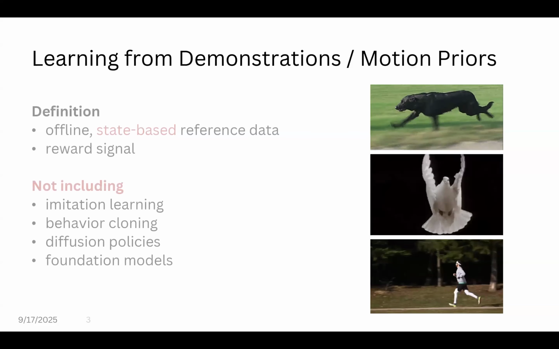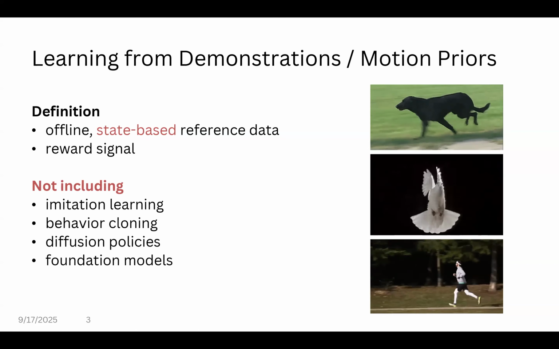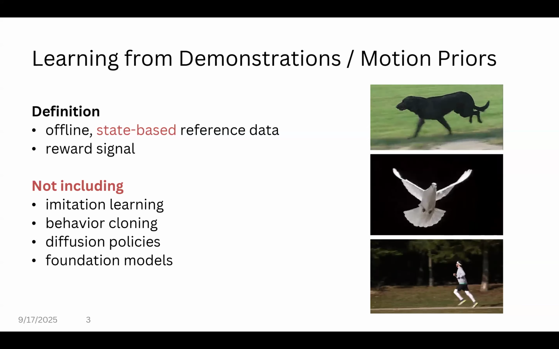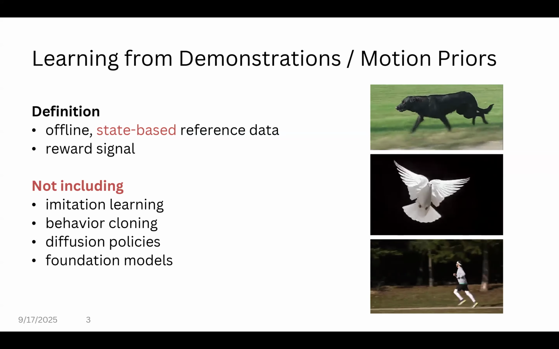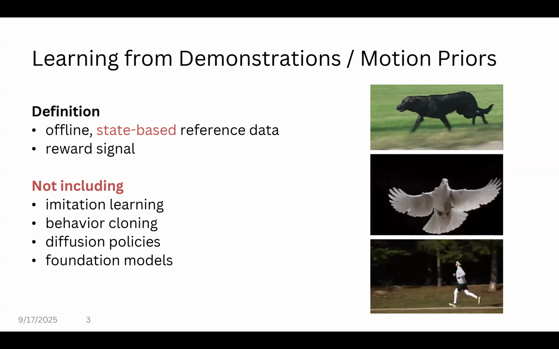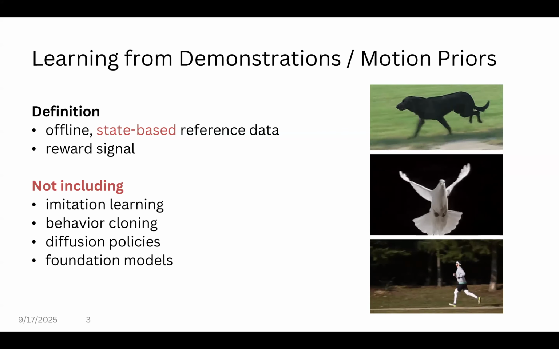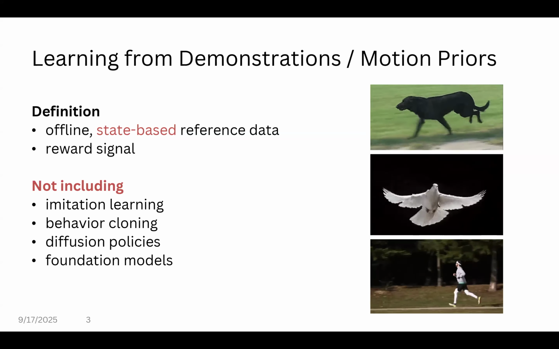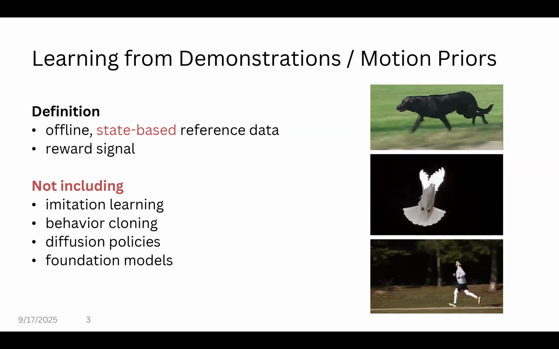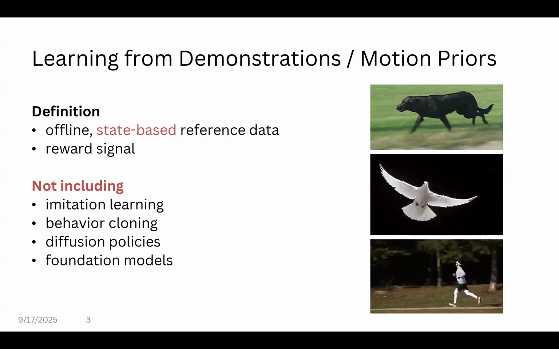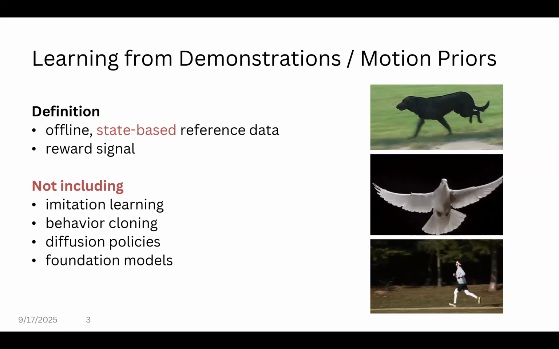So we're not really talking about imitation learning, which people nowadays normally take to mean behavior cloning, which has direct access to expert actions. For example, a lot of people do this in manipulation. You have a human expert demonstrator operating the machine, and you record the state-action pairs of the machine. You get this expert state-action data, and then you train a policy to imitate that using supervised learning.